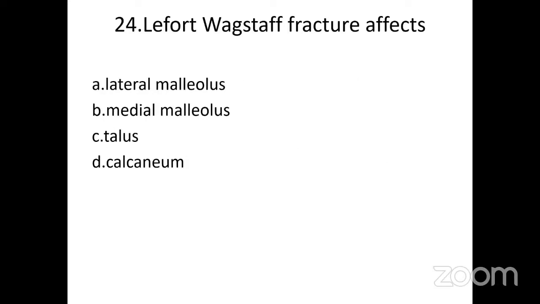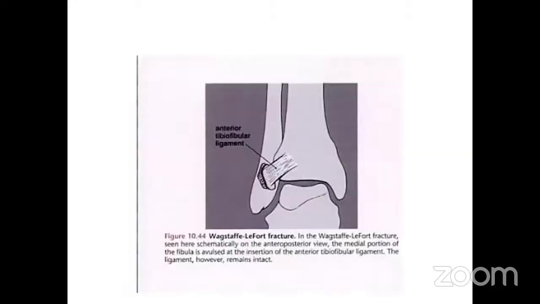The Le Fort-Wagstaffe fracture is an eponymous fracture named after a person. It is an epiphyseal injury seen in children that affects the lateral malleolus. Ligament injury is very rare in a child, whereas it is very common in an adult. And bony injury is very common in a child, and rare compared with ligament injury in an adult.